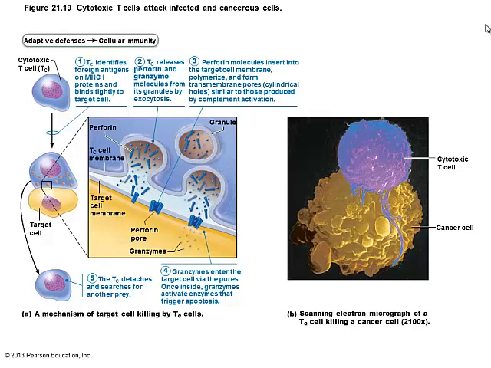No, because these guys are constantly on surveillance. Cytotoxic T cells are constantly on surveillance. How do they know that that cell is to be killed? Because they see what on its surface? Something's not right. It's not self.